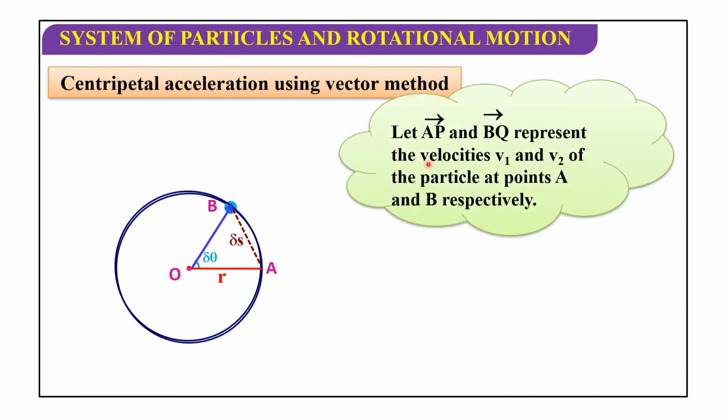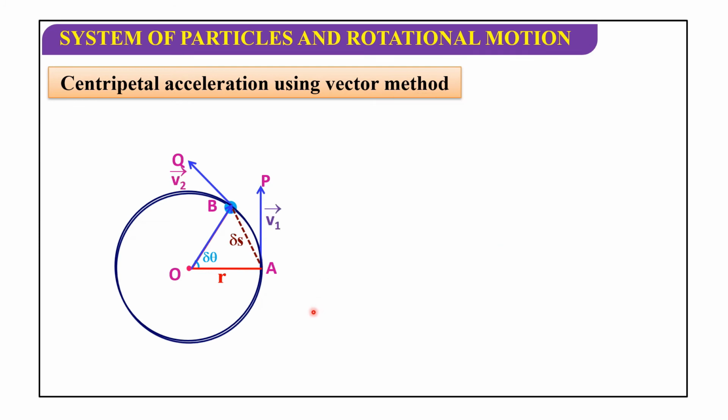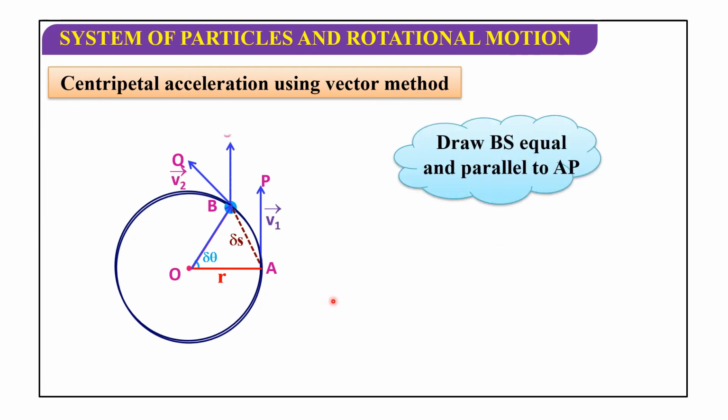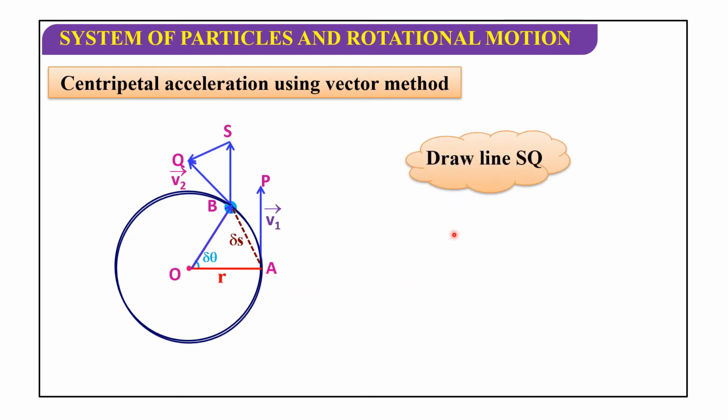Let AP bar and BQ bar represent the velocities v1 and v2 of the particle at points A and B respectively. So these are the velocities v1 and v2. Now draw BS parallel to AP. AP and BS are parallel. Now draw line SQ.